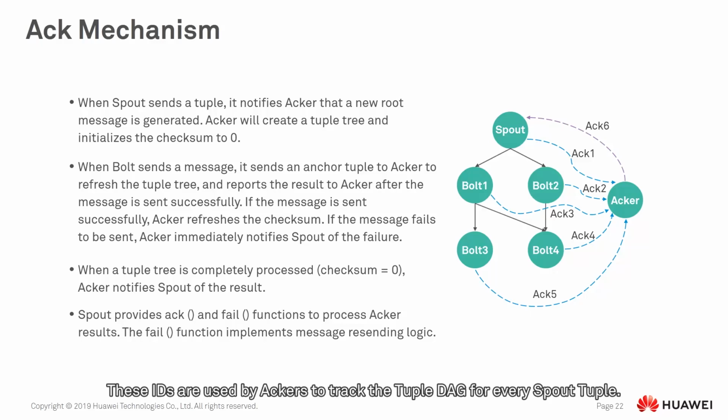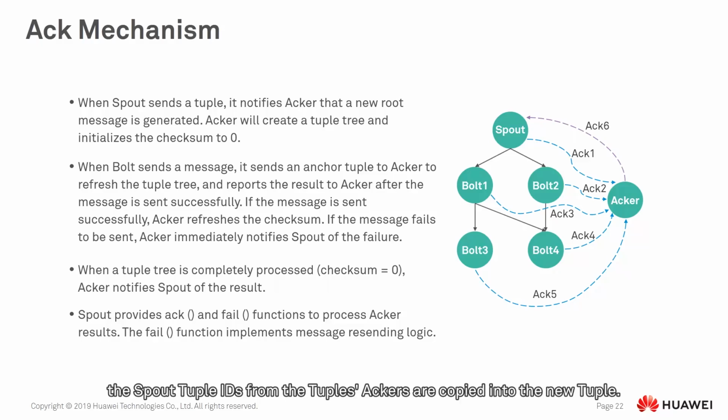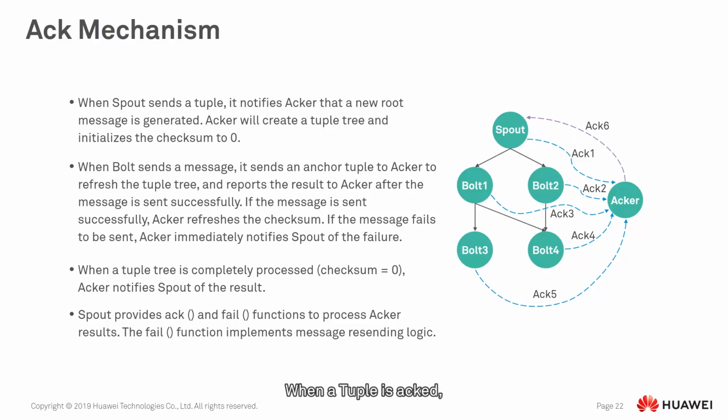These IDs are used by ackers to check the tuple DAG for every spout tuple. Every tuple knows the IDs of all the spout tuples for which it exists in their tuple trees. When you emit a new tuple in a bolt, the spout tuple IDs from the tuple's anchors are copied into the new tuple.